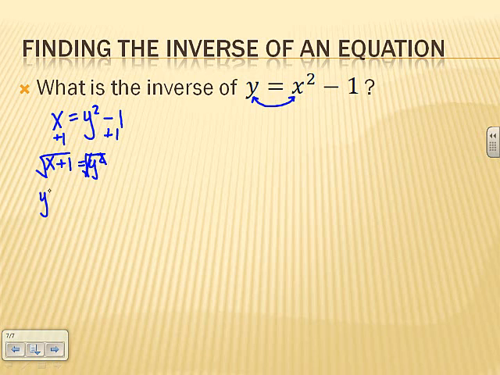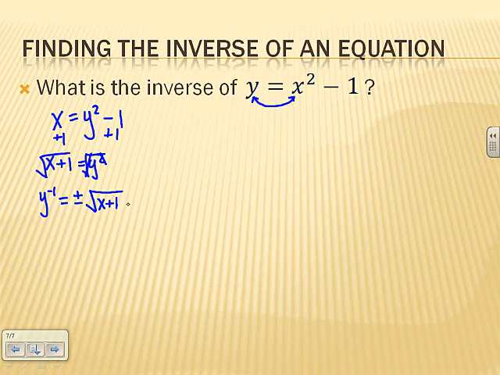So we find that y inverse, which is what the -1 means, equals plus or minus the square root of x plus 1. Don't forget that every time you take a square root because of a square, you must put the plus or minus in front of it. And when you get y by itself, it becomes y to the -1, which means y inverse. That -1 shows you that this function is an inverse of this function up here.